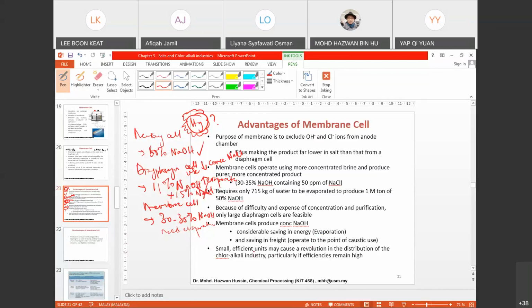It is a smaller, compact, and efficient unit that caused a revolution in the distribution of the chlor-alkali industry, particularly if efficiency remains high. So most of the industry for the production of caustic soda concentrates on the use of the membrane cell, okay, in the industry.